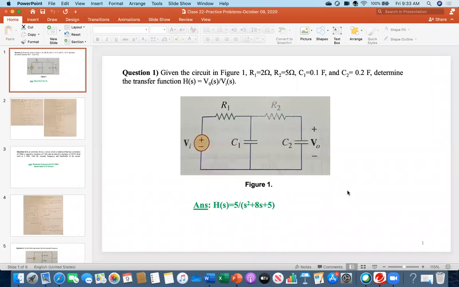For the first one, I also got the same result. Oh, you got the same result? Yeah. Okay. Oh, great.